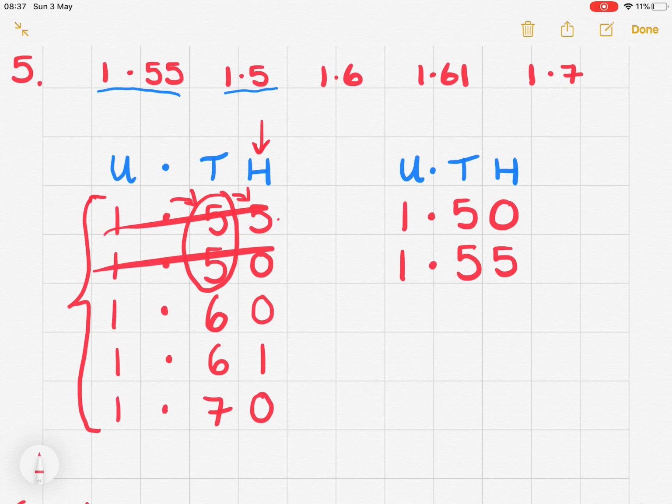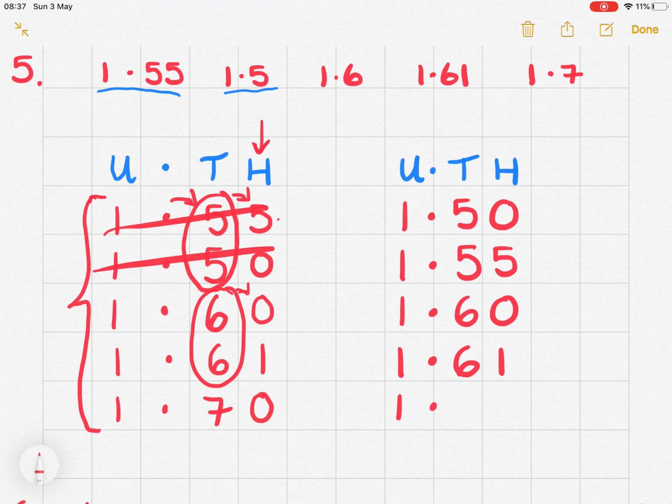We need to go back. Okay, next smallest number. Again, the 1s don't help us, but the 6s do. So we've got to compare these. What's smaller? In the third column, in the hundredths, 0 or 1. 0 smaller. 1.60. 1.61. And then what we're left with at the end is 1.70.